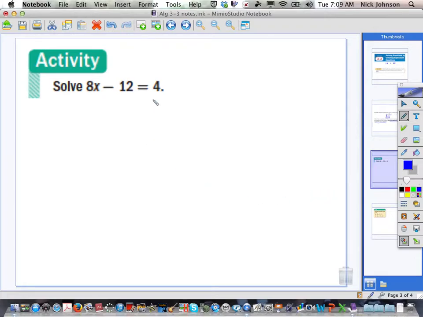Let's look at this problem. Same type of problem. Find out where the variable's at. Well, the variable is on the left-hand side. Okay? So the first thing I got to do is undo my addition or subtraction. So the inverse of subtracting 12 is adding 12. And sometimes what I'll do is just make a river here, and you can do that just to keep your sides in check.